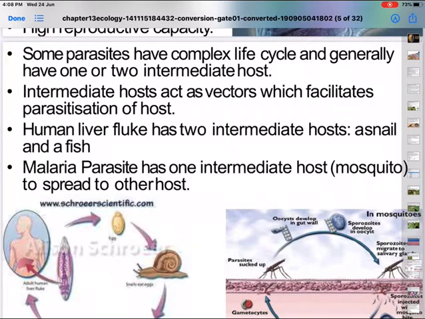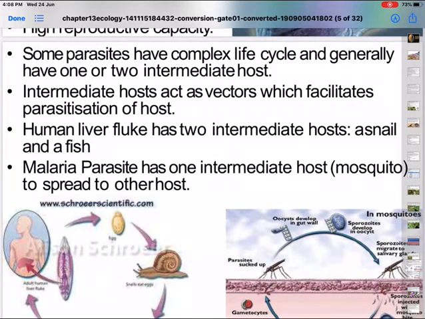Like you must be remembering, mosquito, house flies. These are all vectors. They carry. What do you mean by vector? Vector is a carrier. What does it carry? It carries pathogens. But it is not producing them. Remember, vectors will not produce. Who is producing the pathogens? It is the parasites.